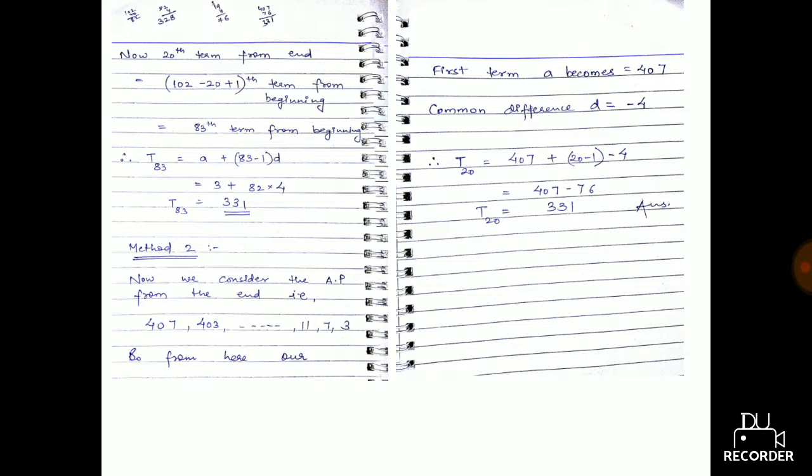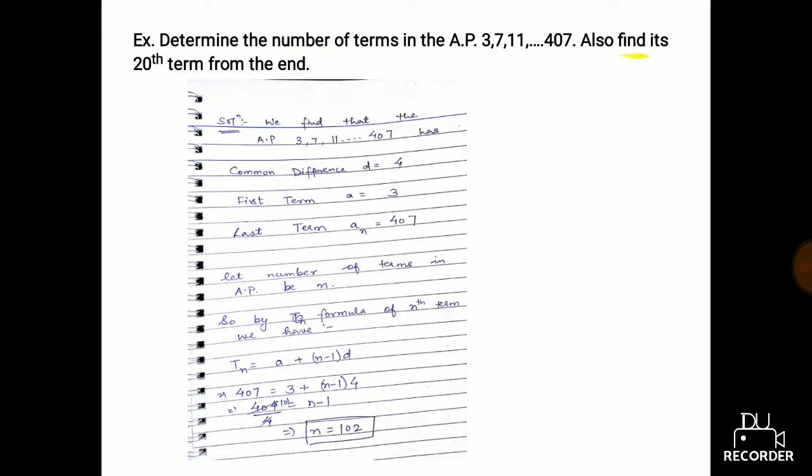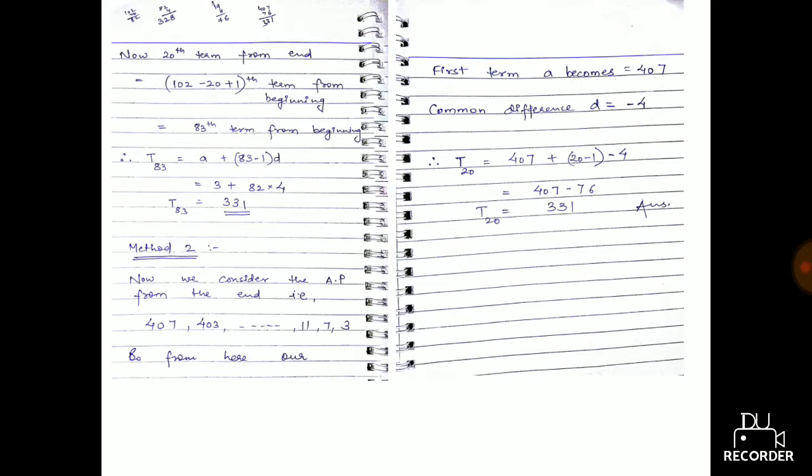Now the second part is to also find the 20th term from the end. So what we generally do is we find the 20th term from the end corresponding to its position from the beginning. So we do 102 minus 20 plus 1, which gives the term from the beginning.